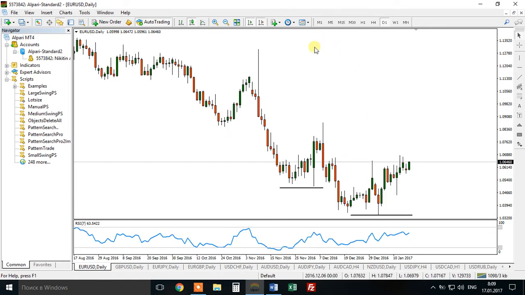Let me zoom in a bit. We had this low; a previously broken support should now turn into a resistance, and it ends here.